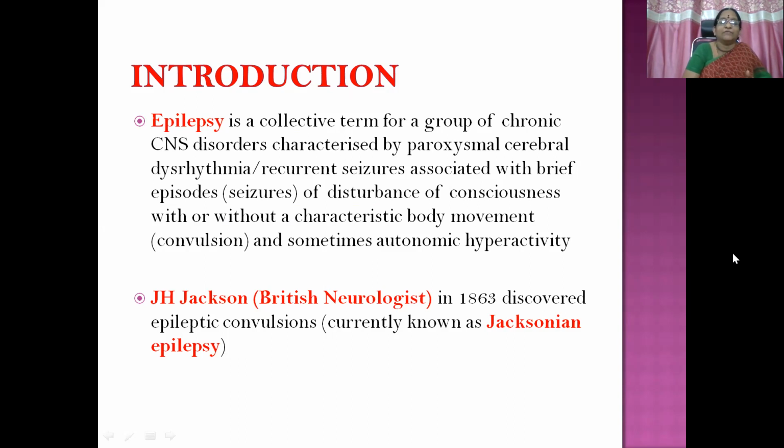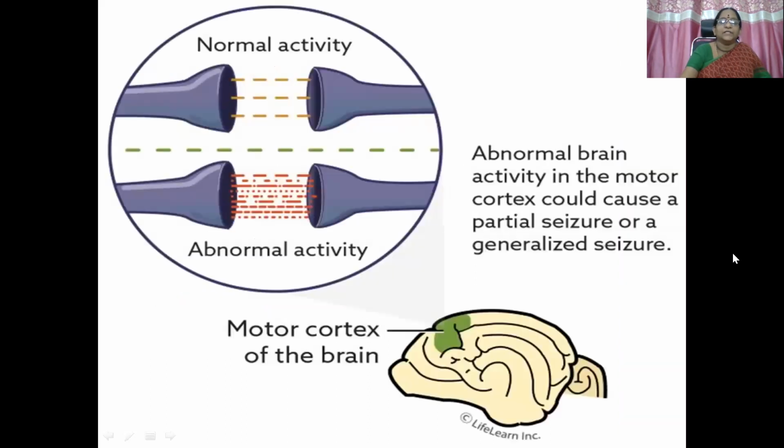It may occur with or without a characteristic body movement like convulsion or fit. That we'll discuss when we come to the types of epilepsy. Sometimes even autonomic hyperactivity like a rise in blood pressure and pulse rate happens. J.H. Jackson, British neurologist in 1863, discovered epileptic convulsions, otherwise known as Jacksonian epilepsy.